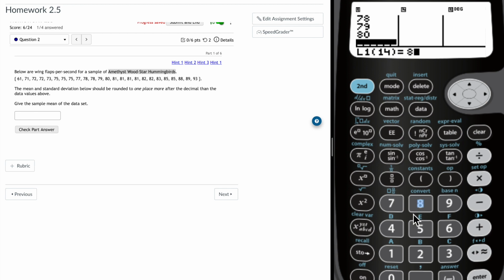Looks like 481s. Okay, 282s. Okay, 83. 285s. 88, just one of those.